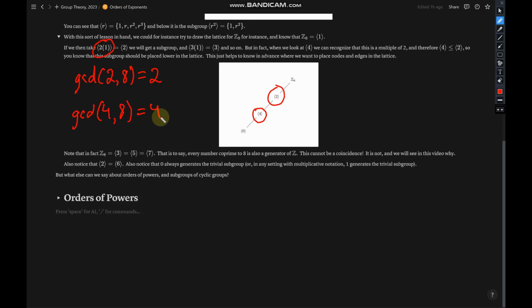But all the coprime numbers, all the ones that don't share a factor with 8, again, those are 1, 3, 5, and 7, the remaining numbers, those do generate the group, and that can't be a coincidence. In this video, we will see a theorem which gives some insight into this relationship and some more.